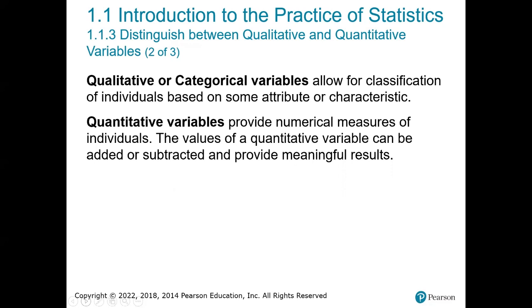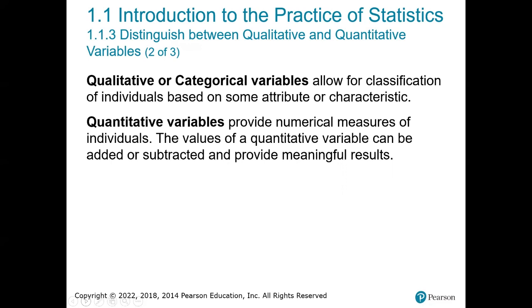Qualitative or categorical variables are going to be describing an attribute or a characteristic. A lot of times these are word responses. So I am female would be a qualitative value about me. I have brown eyes. That is a categorical qualitative value about me.